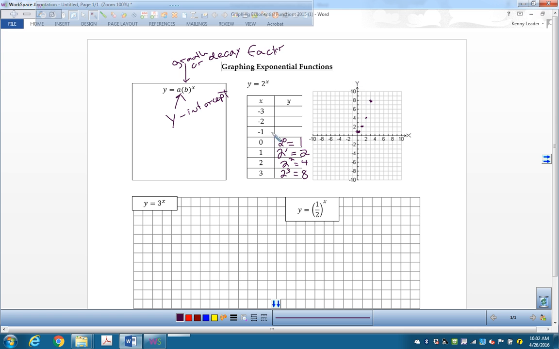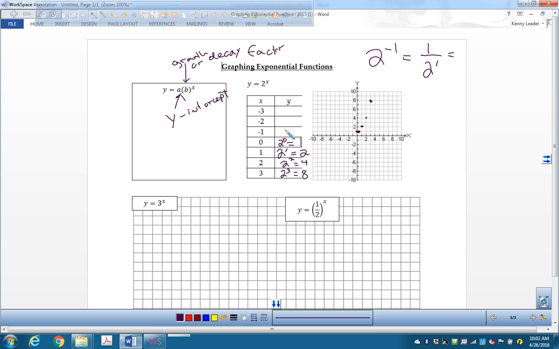So what is 2 to the negative 1 power? Does anyone remember how I could rewrite that from first semester? It's not a negative number. It's the same as 1 over 2 to the first power, which is just equal to 1/2.